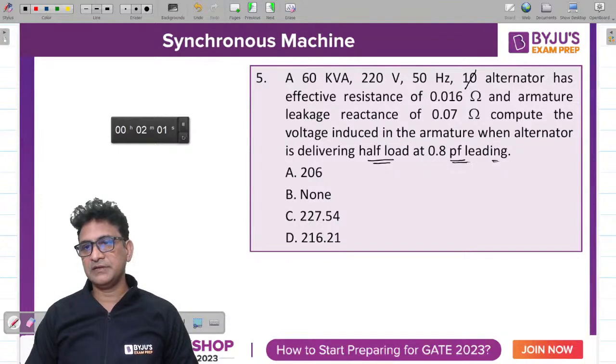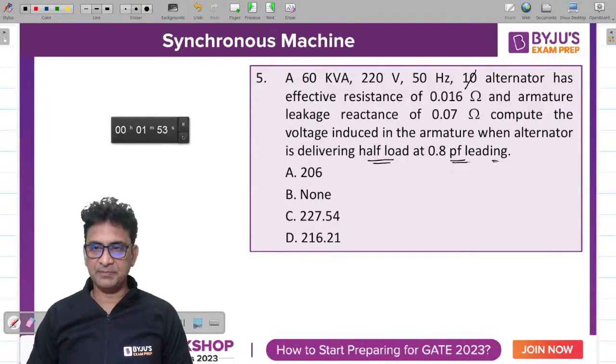The terminal voltage is already given. You have to find out how much EMF is induced in the alternator when it is delivering half load at 0.8 power factor leading.